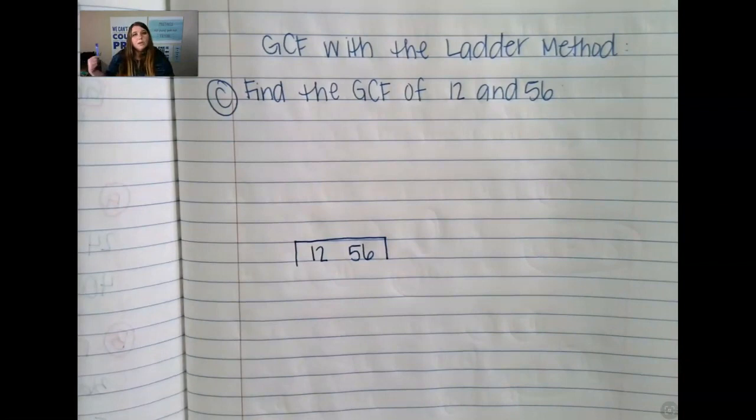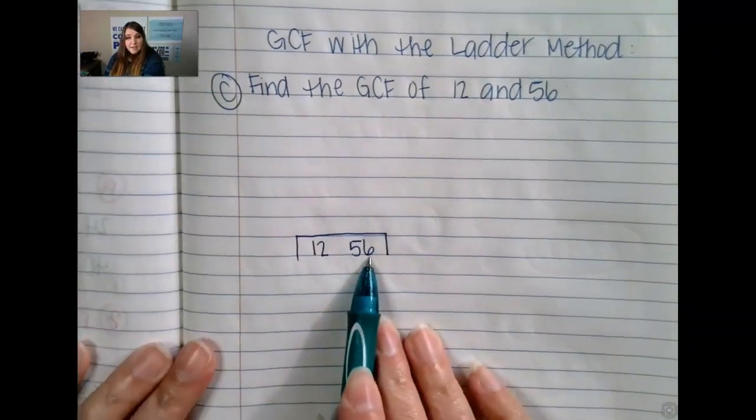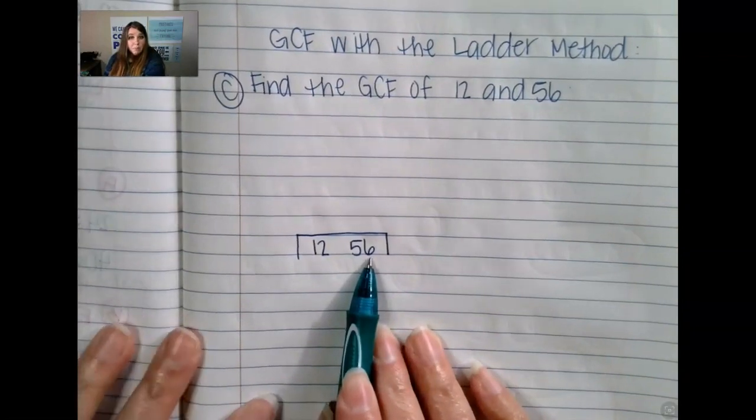As we build the ladder, we're going to pull out prime numbers. Okay, I know that both 12 and 56 are even, so 2 goes into both of these.